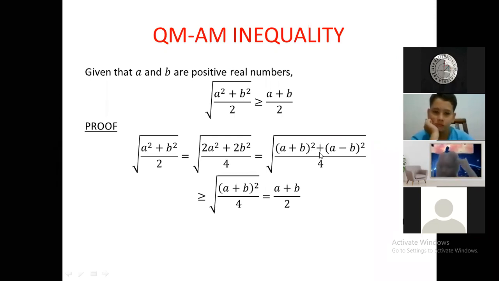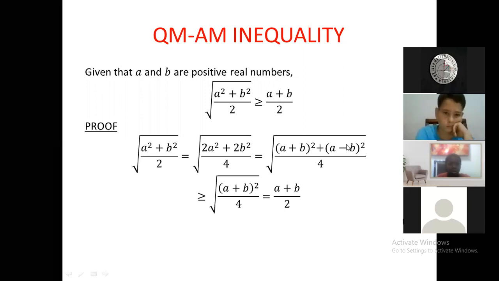Now, we know that given a fraction, if you reduce the value of the numerator, the fraction becomes smaller. It's not difficult to see: 3 over 4 is greater than 2 over 4, because the numerator has been reduced in value. We've already established that a perfect square is at least 0. So (a plus b) all squared is at least 0, and (a minus b) all squared is at least 0.